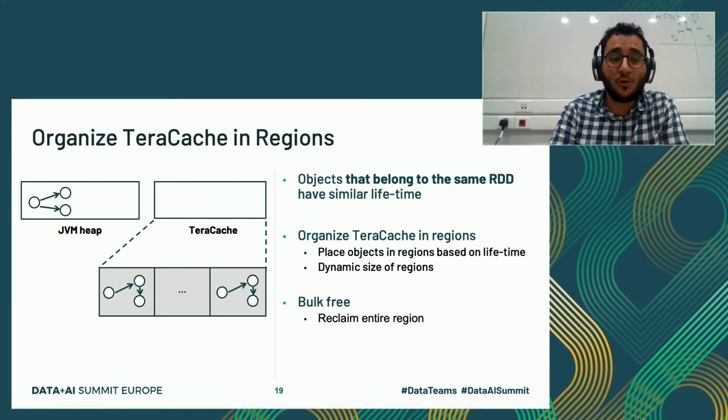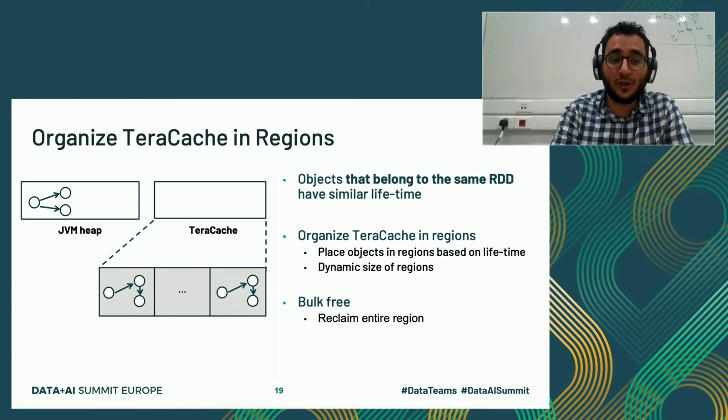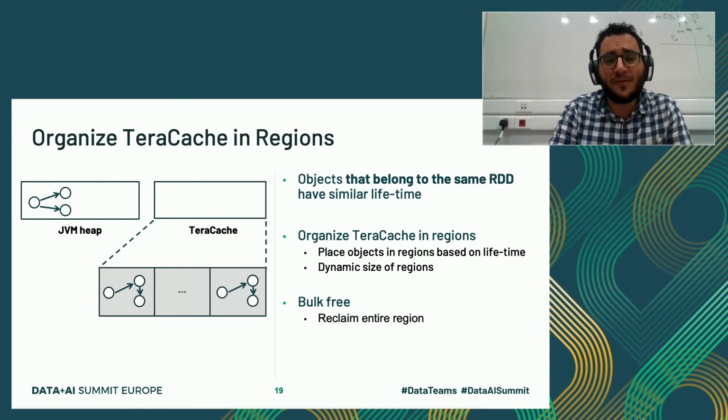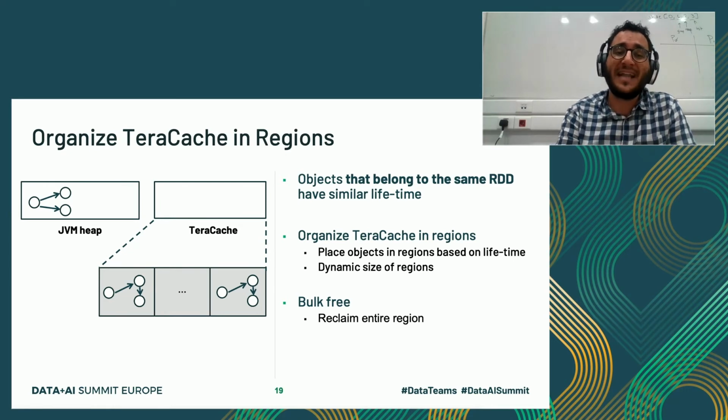For this reason, we organize TeraCache into regions, and every region contains similar lifetime objects. The size of each region can be dynamic. So having regions with objects with similar lifetime will give us the opportunity to reclaim an entire region instead of individual objects in each region.